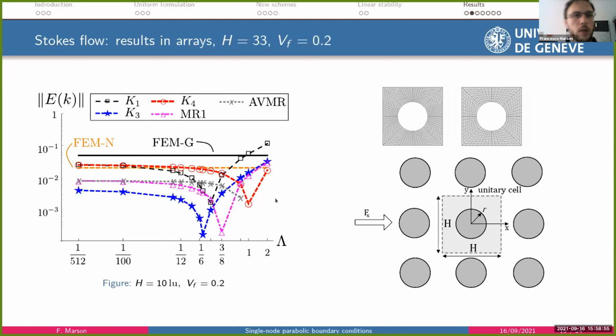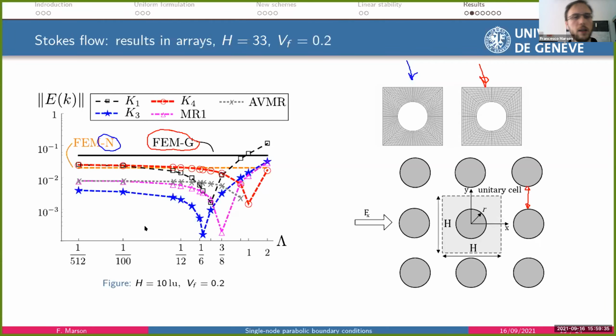Then we also computed the error on the computation of permeability with the Darcy law. Here we have a simulation through an array of cylinders. Again, we compare against the FEM solution, either with a simulation with the same number of nodes as the number of cells in the FEM simulation, that is this case here, or a FEM simulation with the same number of cells as the number of nodes we have in a gap, that is this mesh here.